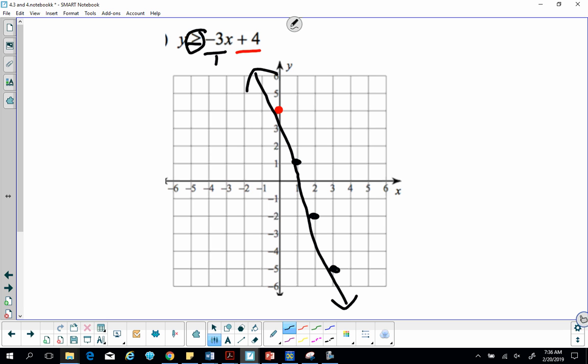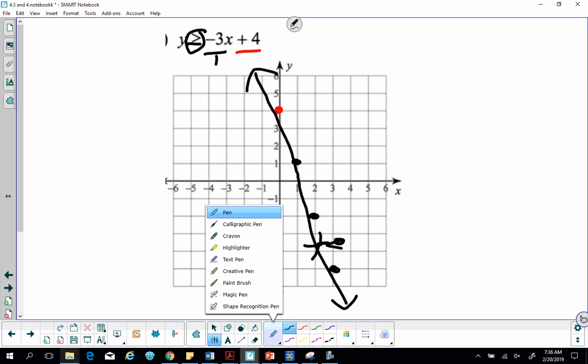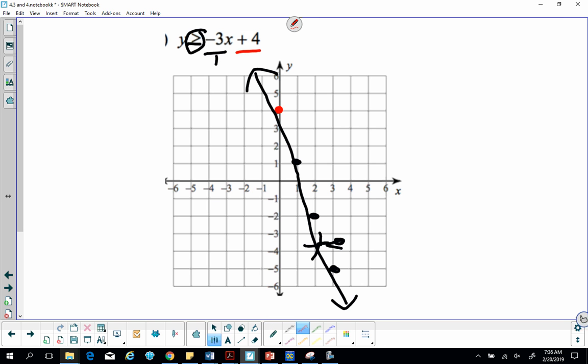Sometimes we struggle with figuring out what's above the line, so I always draw a little man right here, like walking on the hill. If y is being eaten, I shade above his head. Because y is greater than, I'm going to shade above his head. That's my answer.